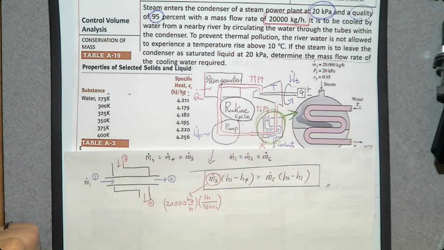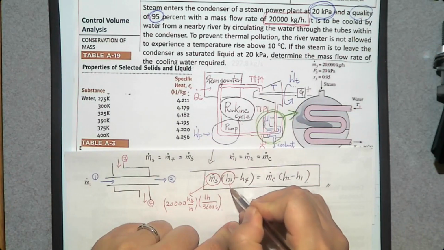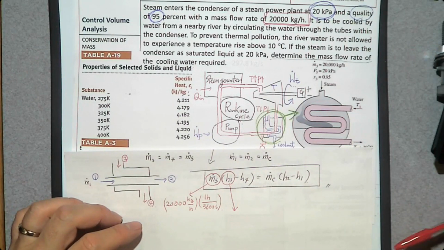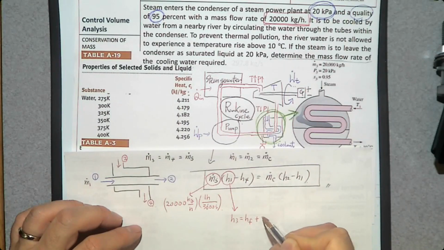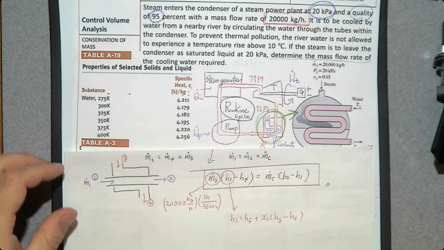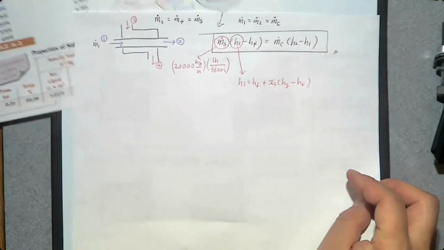If we have a saturated mixture, how do you determine this enthalpy? You can use linear interpolation. H3 is Hf plus quality x3 times (Hg minus Hf), because we know it is a saturated mixture.